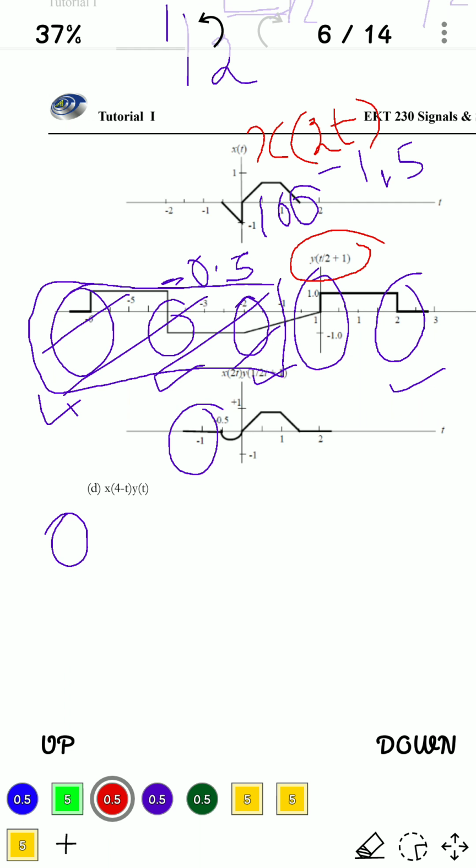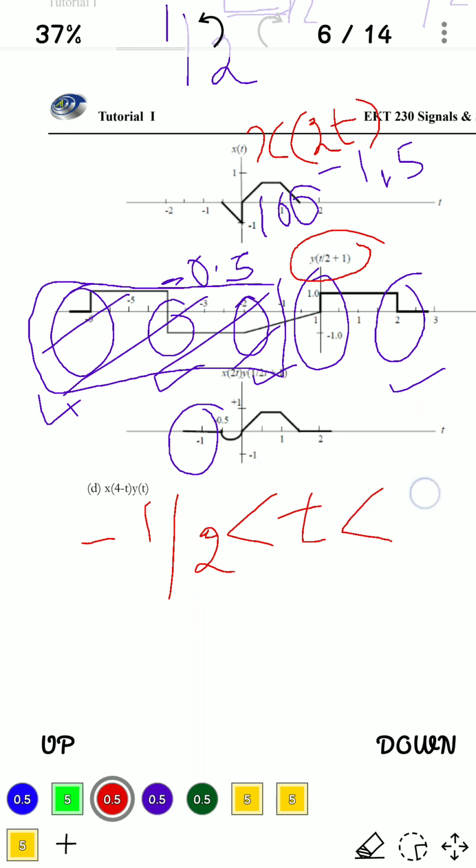So here it is 0.5, right? So for the time period, that is minus 1 by 2, that is lesser than t, that is lesser than 0.